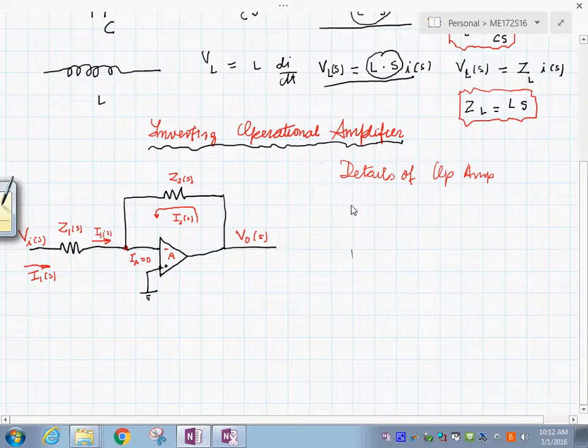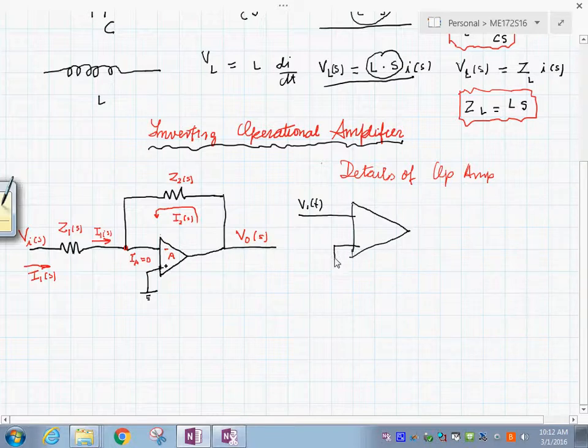This is the output voltage. So what does it do? The first thing is, basically, we can look at this element as a transformer. You have a voltage here, and then you do something to the voltage, and then you get a voltage out.